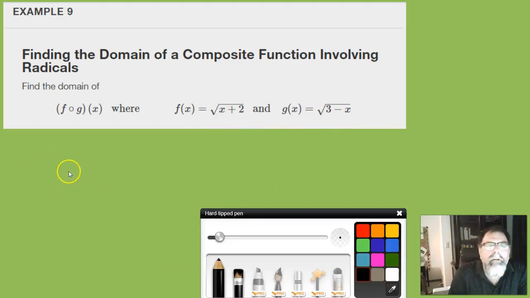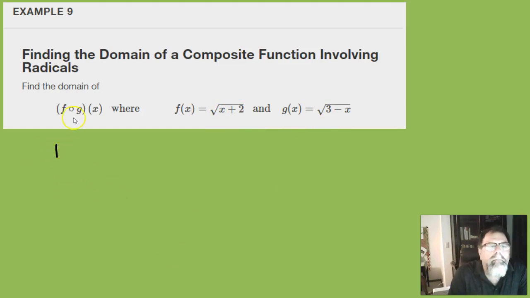Alright, so we're working inside, so we start with the domain of G. So remember, if you have an even root, so square root, fourth root, sixth root, the radicand, the number inside, has to be greater than or equal to 0. So that's our domain.